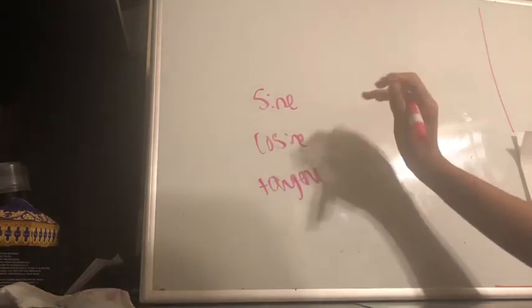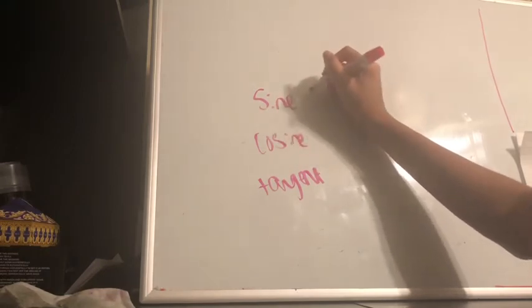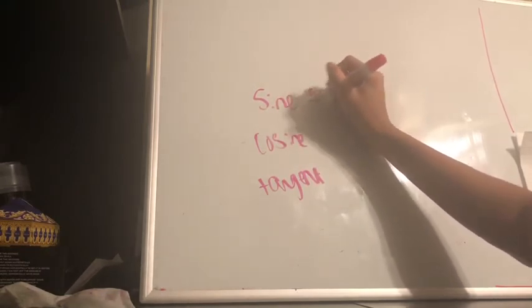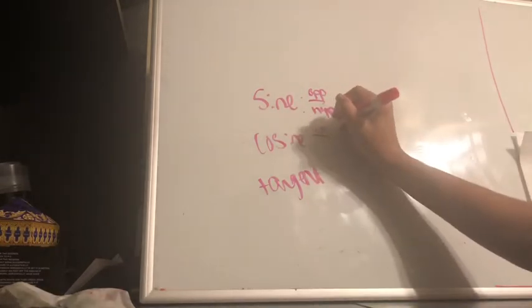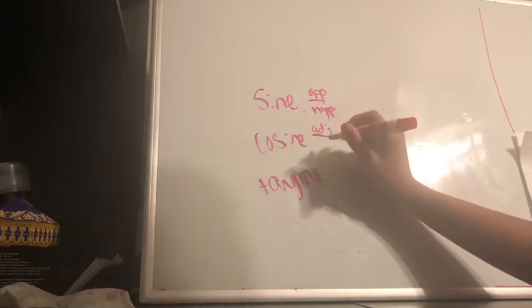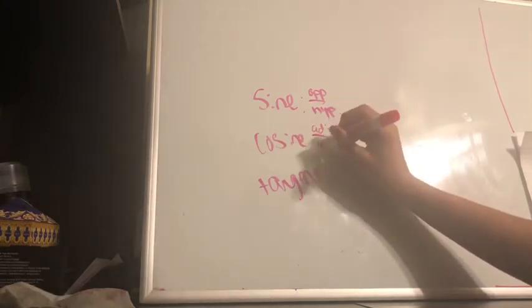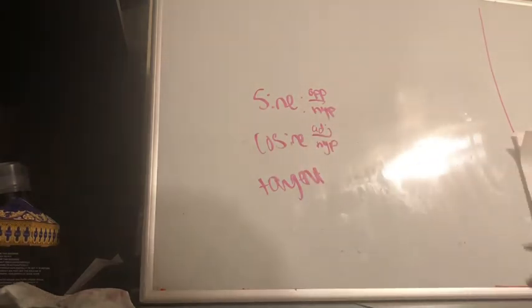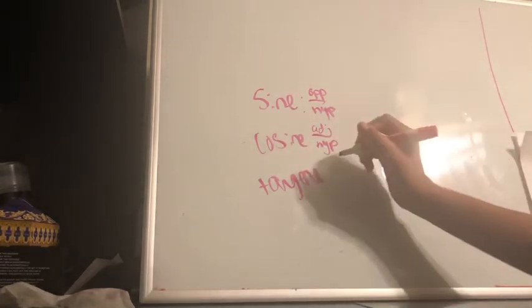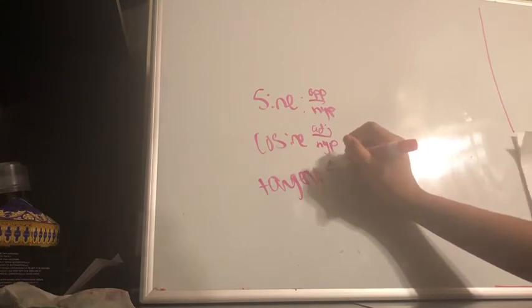So we use these three as pretty much formulas to understand the measurement of a right triangle or a triangle. So they have formulas. For example, sine has opposite over hypotenuse, then cosine has adjacent over hypotenuse. Then tangent has opposite over adjacent.